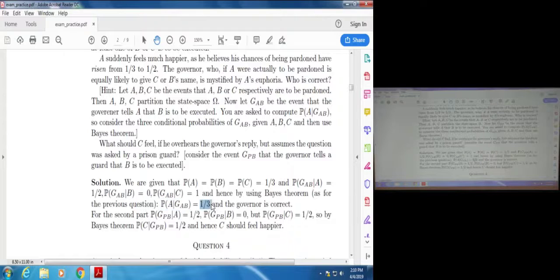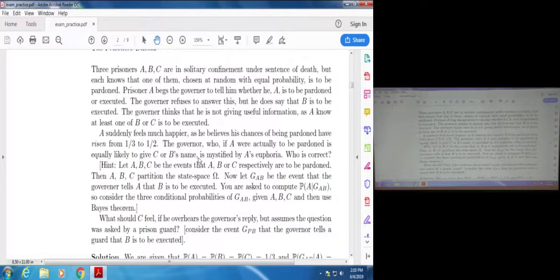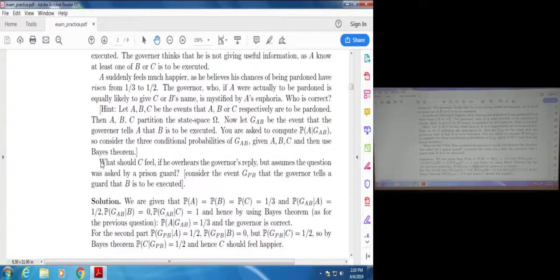If you do that, that's 1 upon 3. So the answer to this question is A: the governor is correct, and the prisoner is wrong, because his probability of being alive has not risen from a third to a half.